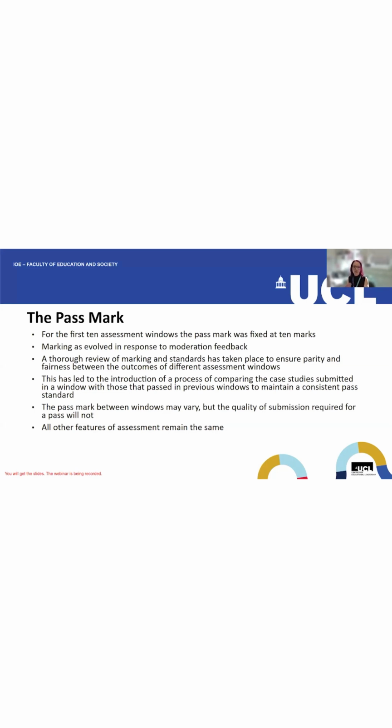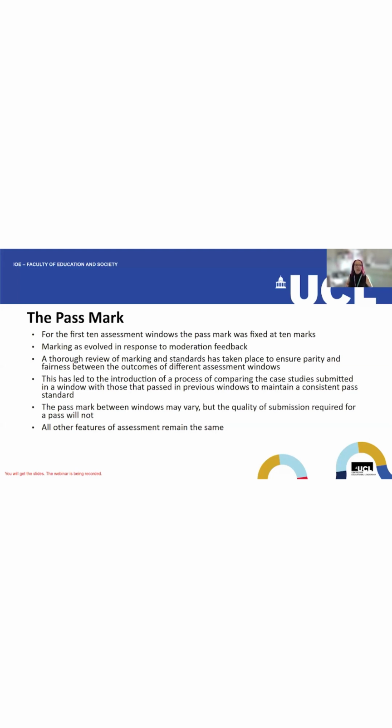So after this really thorough review, we need to make sure that it's fair and there's parity to the previous 10 assessment windows. So we've now got a process of comparing the case studies submitted in a window to those that passed in a previous window to maintain a consistent pass standard.